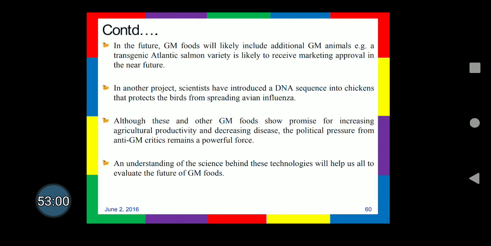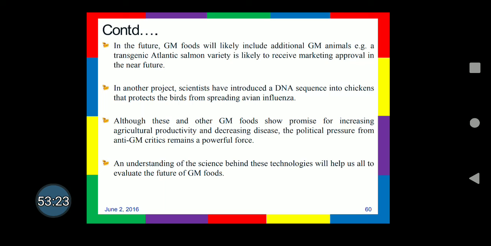In future, GM foods will likely include additional GM animals. A transgenic Atlantic salmon variety is likely to receive marketing approval in the near future. In another project, scientists have introduced a DNA sequence into chicken that protects the birds from spreading avian influenza.